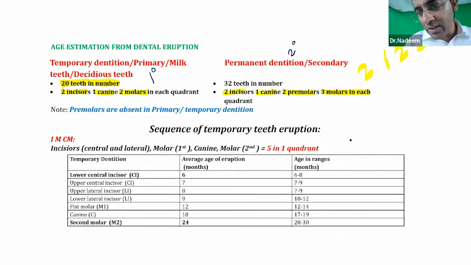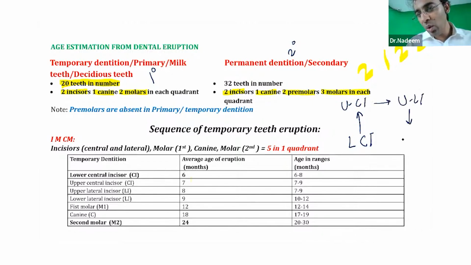First, lower central incisor. After that, upper central incisor. After that, upper lateral incisor, and then lower lateral incisor.